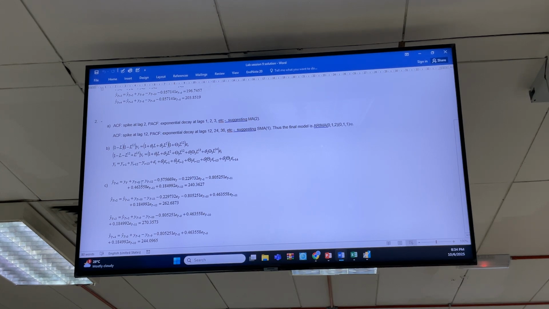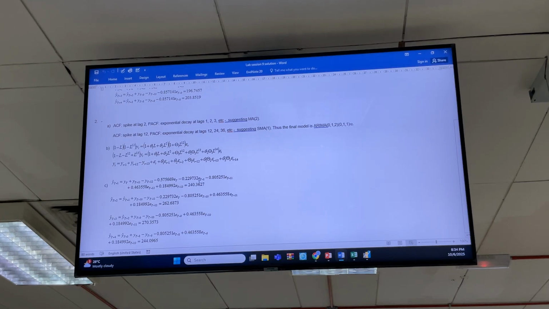One step ahead, everything plus 1, two steps ahead. You have to identify the residual. For in-sample, you can use the residual. For out-of-sample, T plus something, just use 0, because we don't have residuals out of sample.